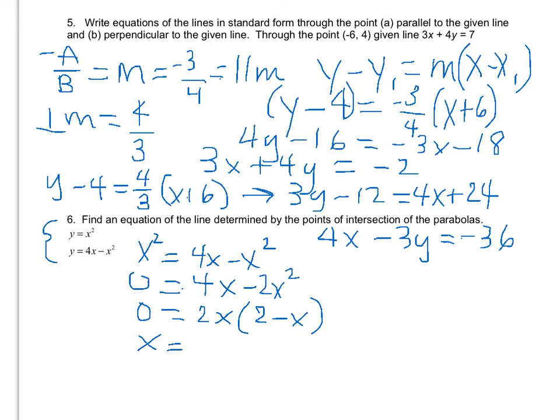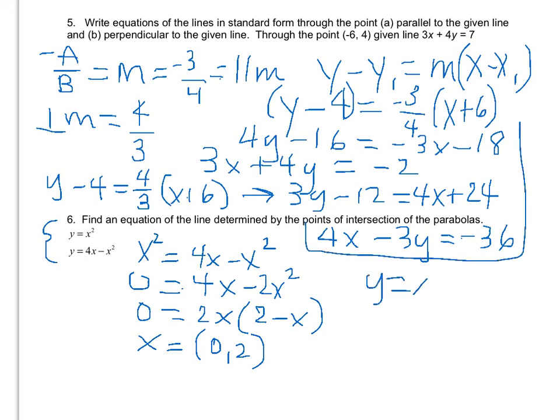At 0 and 2. So if I know that x is 0 and 2, I can go back into that original equation and say if y equals x squared, then if x is 0, y would be 0, and if x is 2, y is 4.